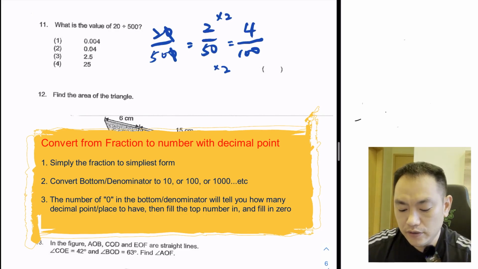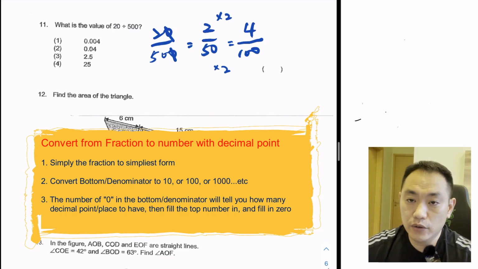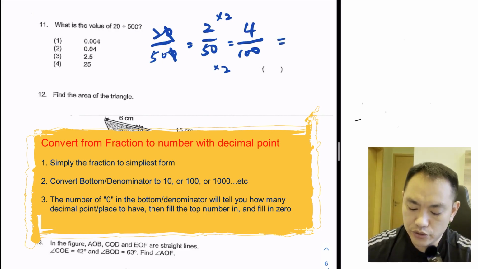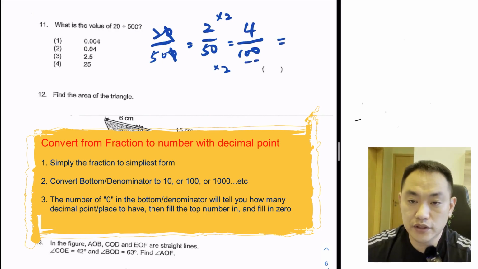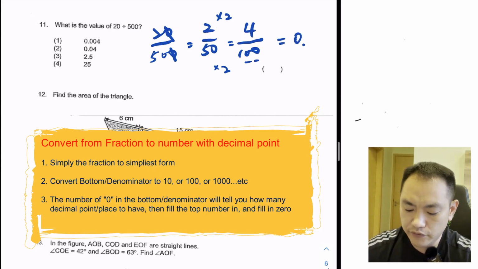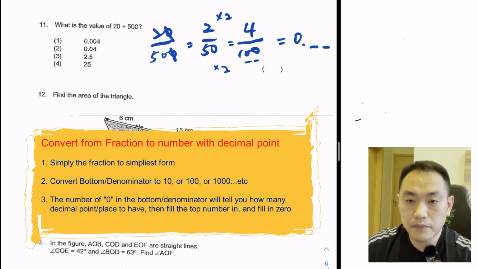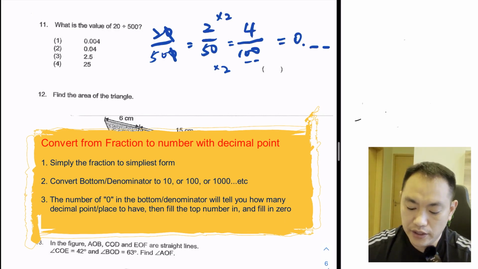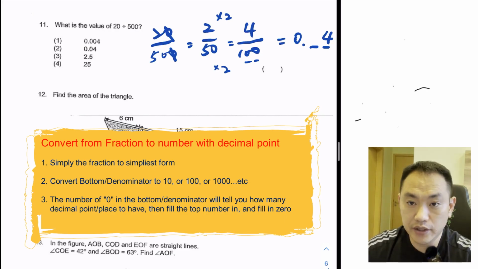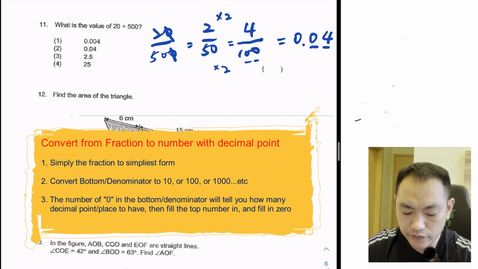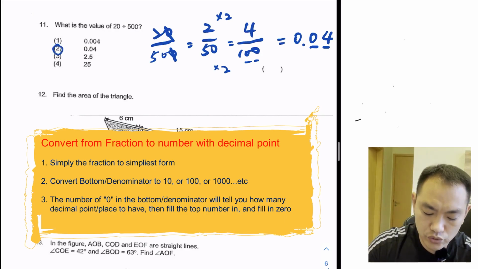Okay, so 4 over 100. For 100, there are 2 zeros, which means it will give you 2 places or 2 positions of the decimal point, and then you fill in the number at the top, which is 4. Then you fill in the number 4 here, and there is no number in the middle, so you fill in a 0. So it's 0.04.